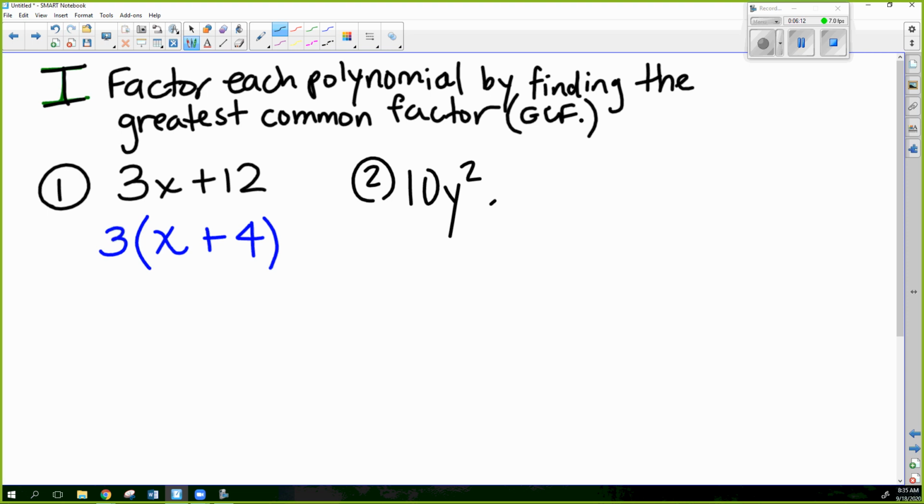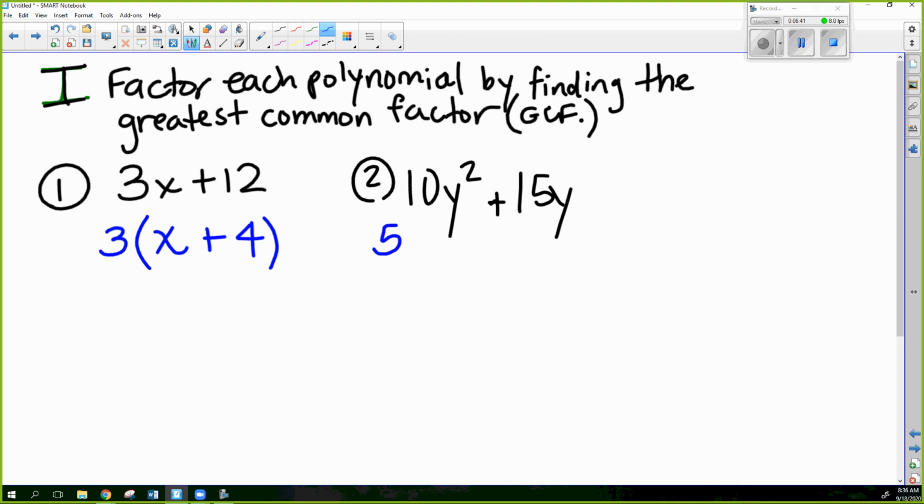(10y squared plus 15y). All right, take a second and think about it. Make sure you're looking for numbers that you might have in common and letters. All right, Grady, what's the biggest number that can go into 10 and 15? 5.